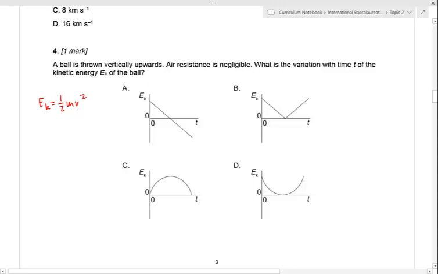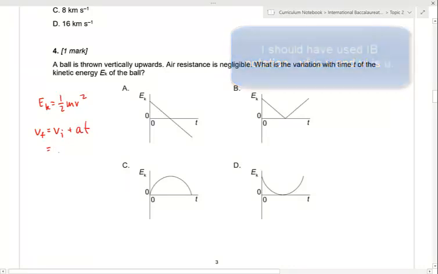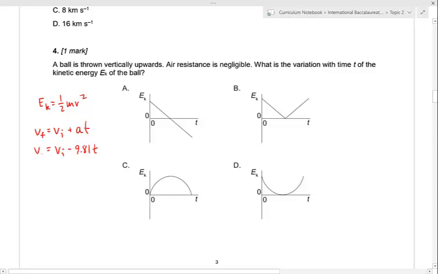There are several ways that we could reason our way to the answer here, but we know that v, the v at some time, is going to be equal to Vi plus at for an accelerating object, and in this case it's Vi minus 9.81 t, and so the kinetic energy at any time is going to be equal to 1/2 times m times this whole thing squared, so (Vi minus 9.81 t) squared.